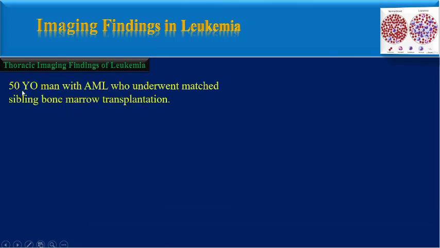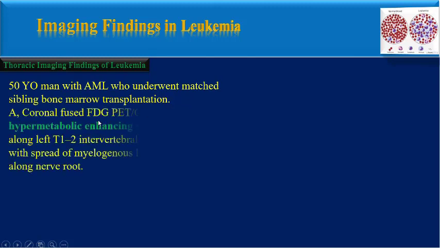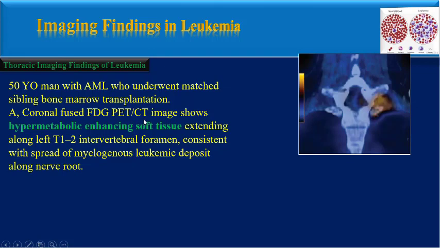Another case: 50-year-old man with AML who underwent matched sibling bone marrow transplantation. Coronal fused FDG PET-CT image shows hypermetabolic enhancing soft tissue extending along the left T1, T2 intervertebral foramen, consistent with spread of myelogenous leukemia deposit along nerve root.